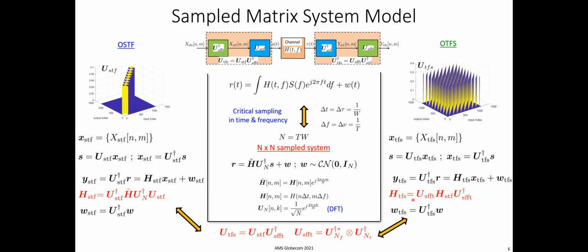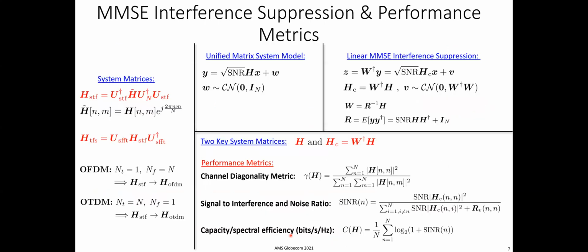And what you can see is that this is the overall composite relationship, where it is H_STF sandwiched between these symplectic Fourier transform matrices, which is essentially a Kronecker product of an N_F-dimensional DFT matrix and an N_T-dimensional one. And this is a relationship between the two. So that again shows a unitary equivalence and also a new model.